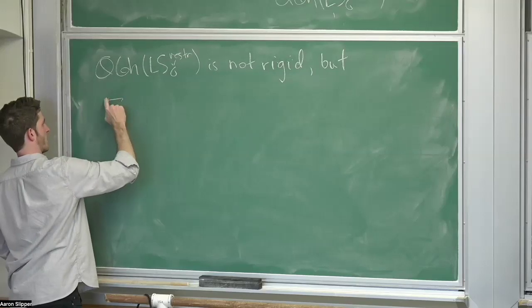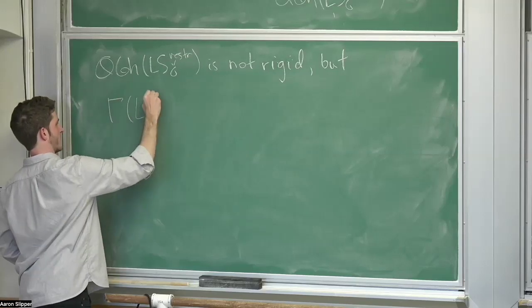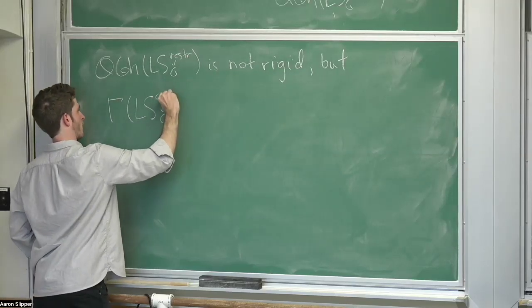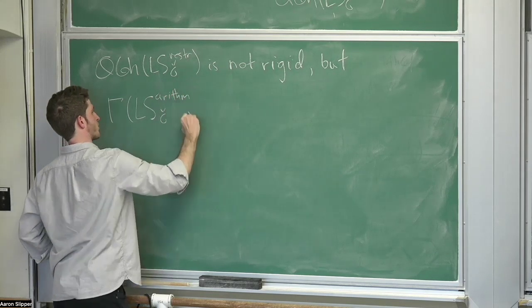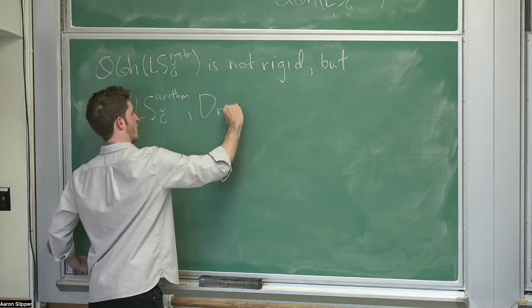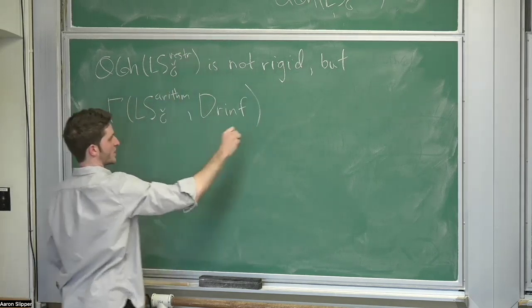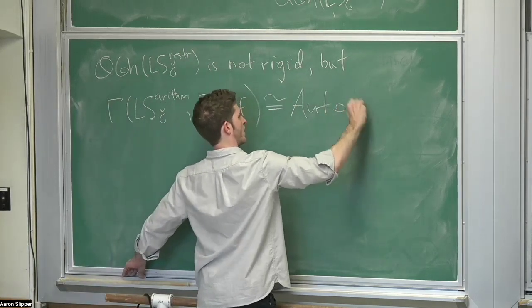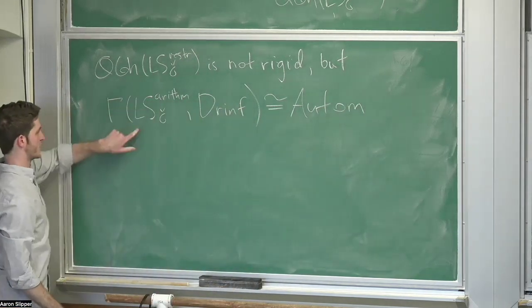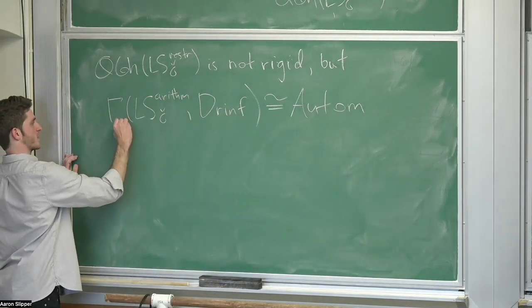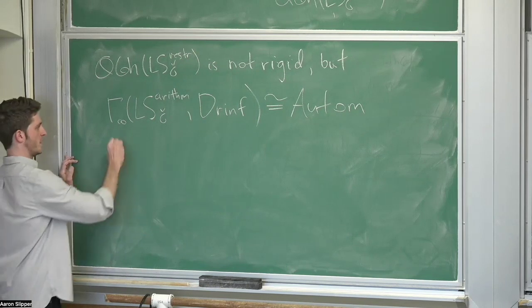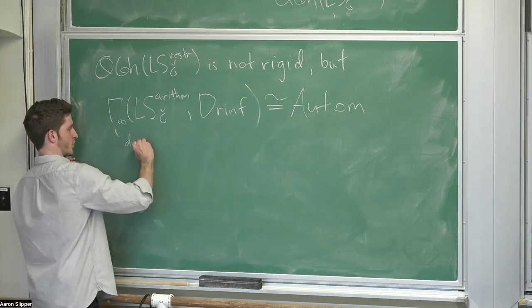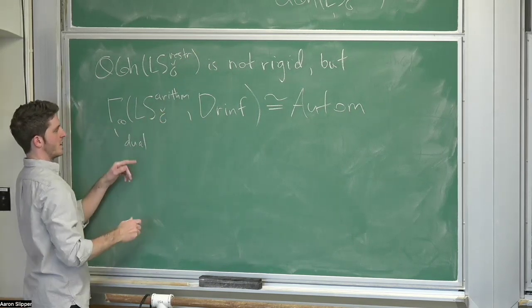So you kind of want to say global sections of Drinf on the stack of Langlands parameters produces the non-enhanced trace, which is automorphic forms, right? This is what you would want. Now, again, because this is not rigid, this is not quite literally true. I have to tweak this functor. Let me just call it Gamma co. So this thing is the actual global sections functor.